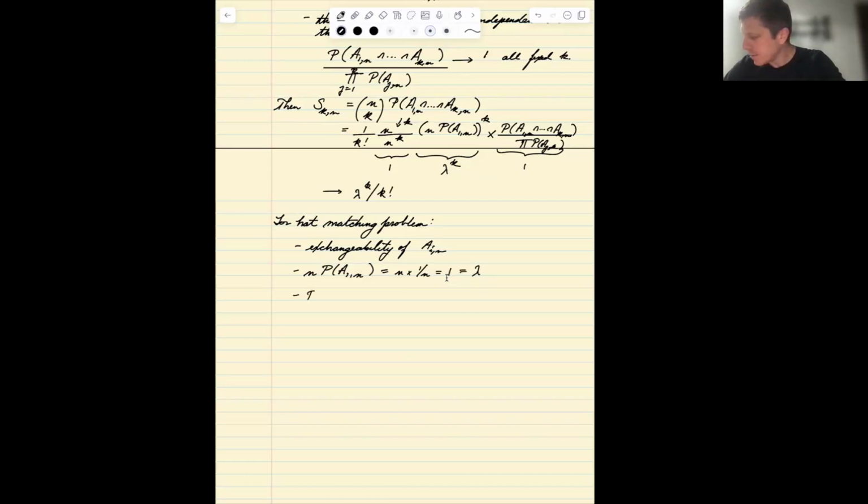And the probability of any k-tuple of these events happening is 1 over n fall k.